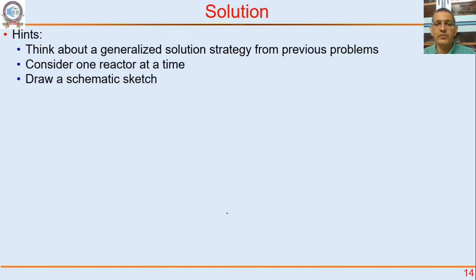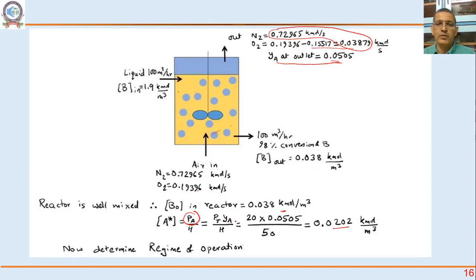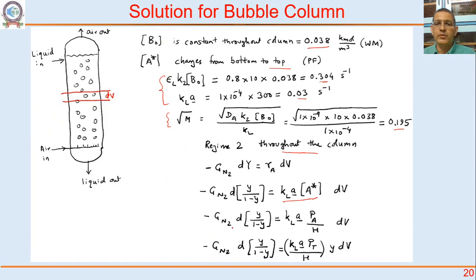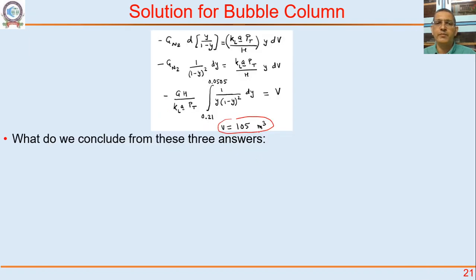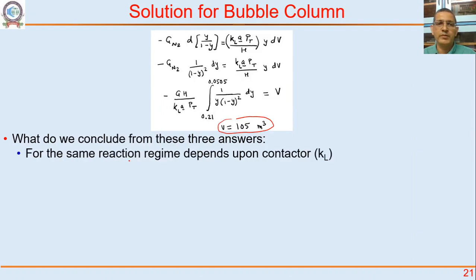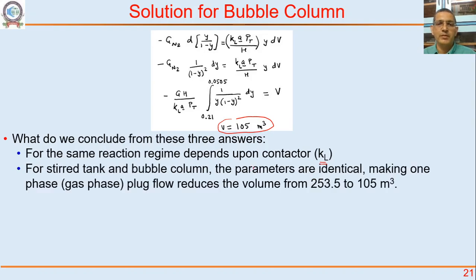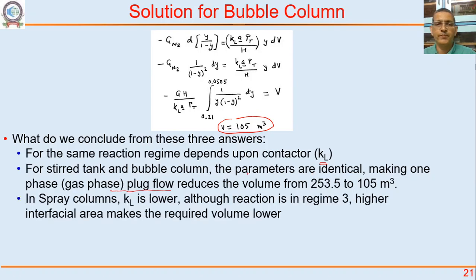That allowed this volume to reduce from 253 to 105. See? Now what do you conclude? For the same reaction, regime will depend on contactor because KL will change. Okay. Making the gas phase plug flow changes the volume.